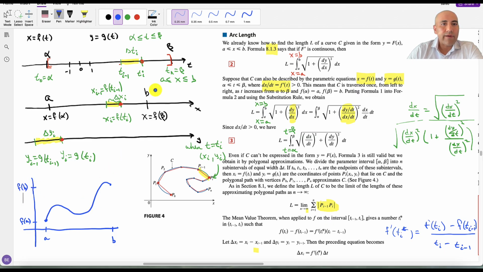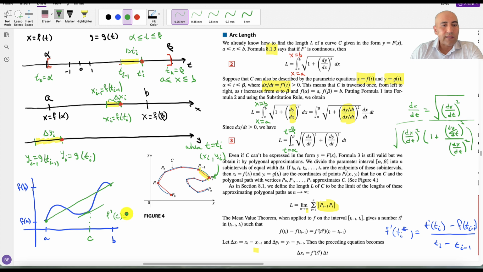If we think about the secant line that connects the closed endpoints like that, and find the slope of that, then there must be at least one value somewhere between a and b. Before we used to call it c. So let's say there's a point c right there, such that the derivative evaluated at c is equal to the slope of the secant line that connects the two endpoints.